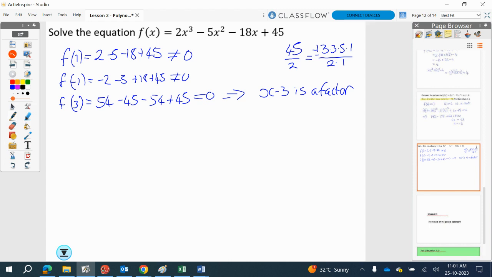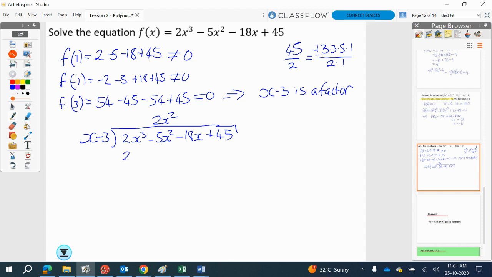Let's simplify the expression. We've got x minus 3 into 2x cubed minus 5x squared minus 18x plus 45. What do we need to multiply x by to get 2x cubed? 2x squared.